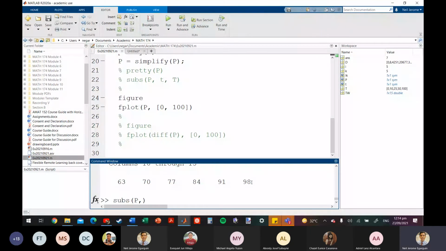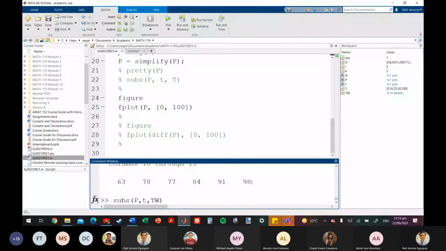And then the third argument for subs ay saan mga values mo gustong i-substitute, o ano yung mga values na gusto mong i-substitute kay t. Well, we already computed that and we stored those values in the vector tw.